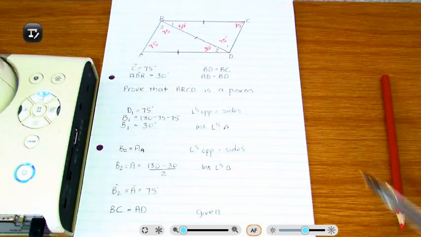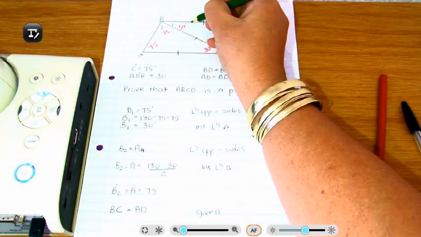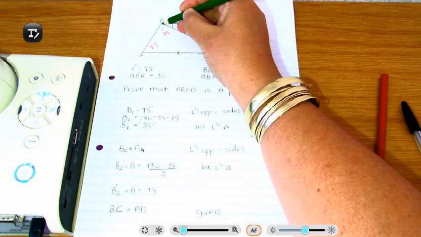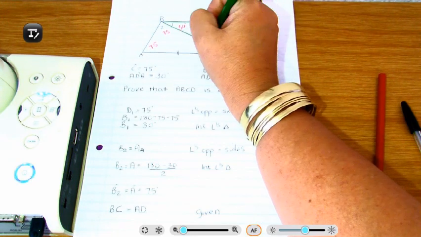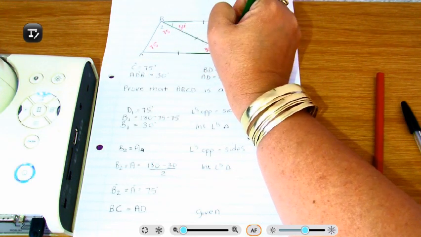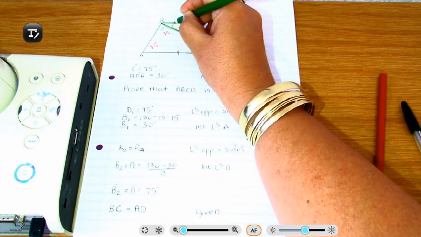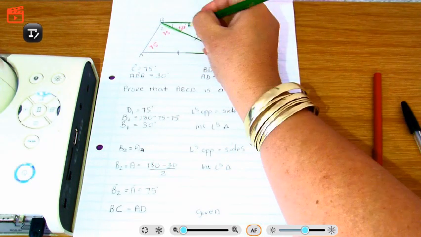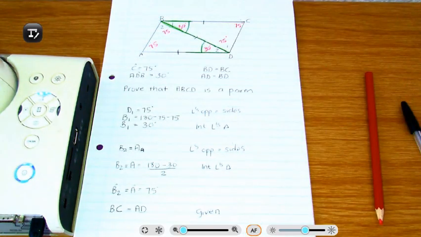So if I have a look here, I'm just going to use a crayon so that you can see the shape formed. Now what do you notice about angle B1 and angle D2? Do you notice that B1 and D2 are both equal to 30 degrees?